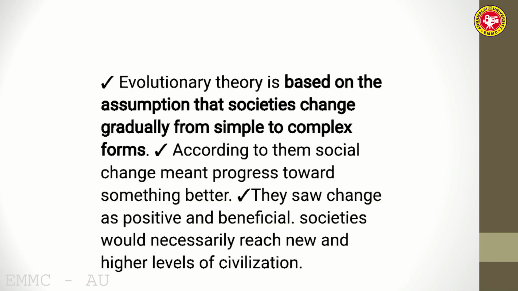Then theories of social change. There are many theories of social change. Number one is evolutionary theories of social change. The evolutionary theories of social change are based on the assumption that societies change gradually from simple to complex forms.